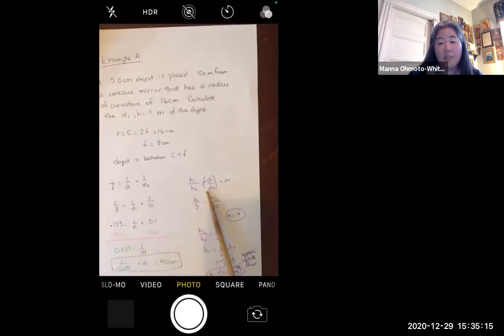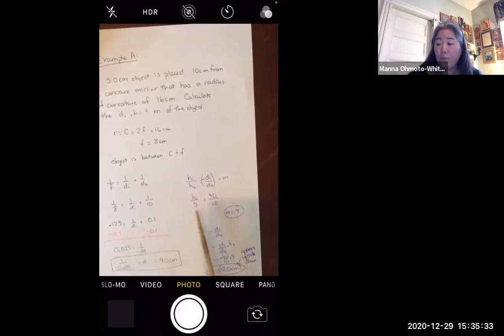Then I plug this into my calculator in order to figure out my magnification. The magnification is simply 40 over 10, or 4. I'm taking the absolute value here because my magnification is either going to be larger or smaller. The negative sign doesn't mean anything. When I want to find the image height, I put it into the equation and first isolate for hi.